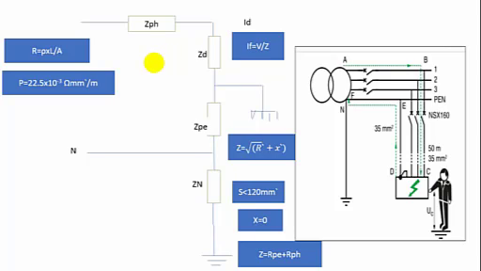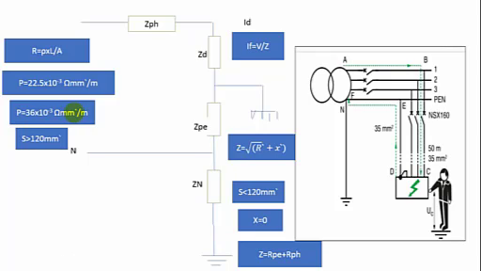So when the section of the cable is greater than 120 millimeter square, in this situation the reactance equals 0.06 times 10 exponent minus 3 ohm per meter.